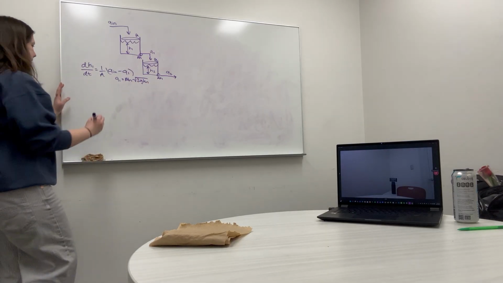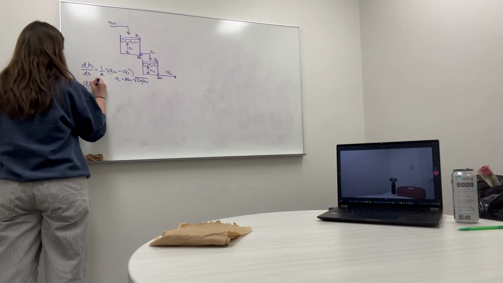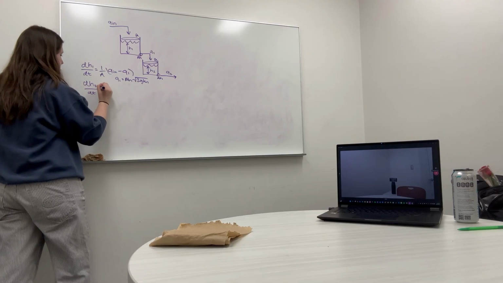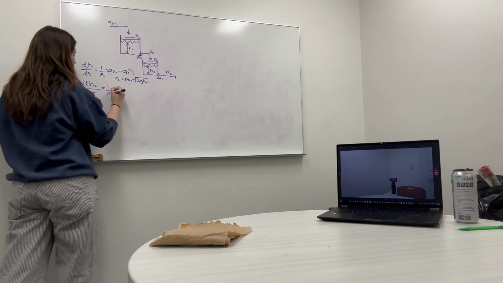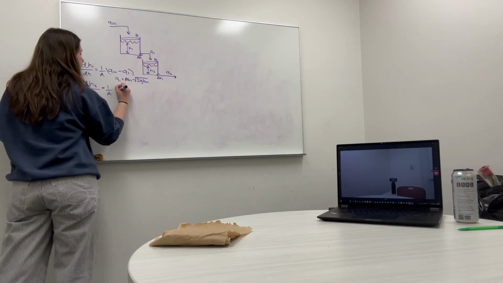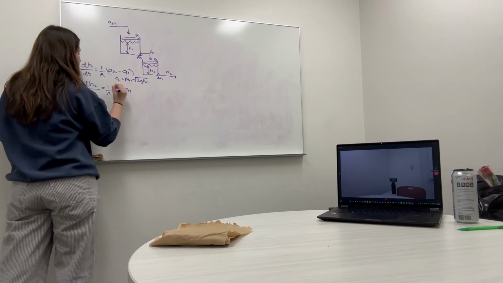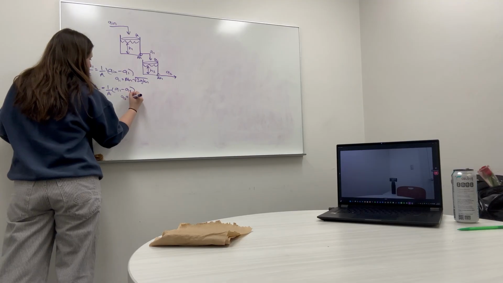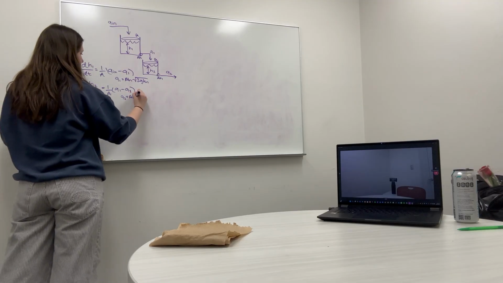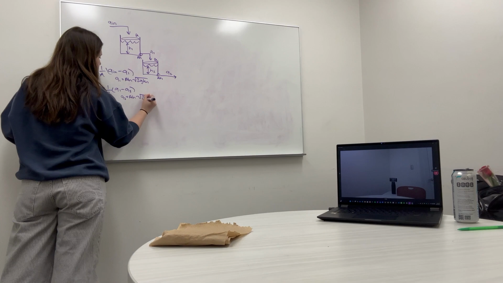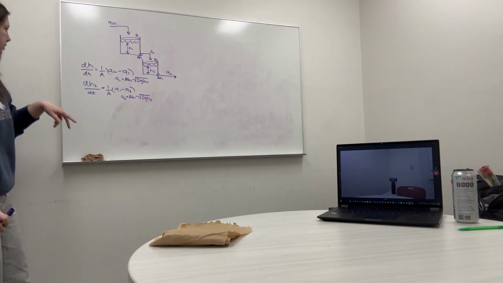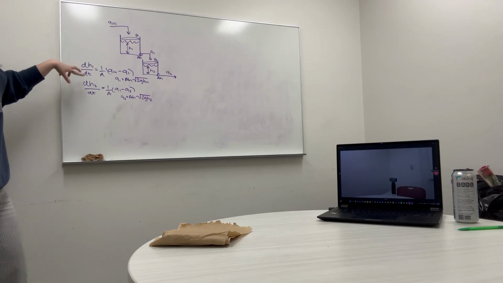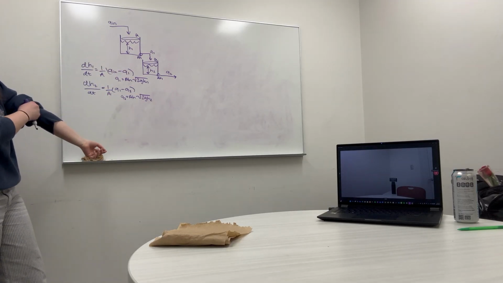Then we also found that second one, which is the change in the height of the second tank with respect to time equal to 1 over same cross-sectional area times Q1 minus Q2, with Q2 being equal to AH times the square root of 2GH2. So these are the two dynamical material balances for these two tanks right here.